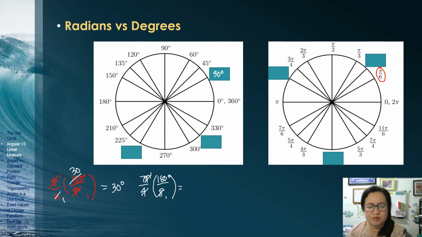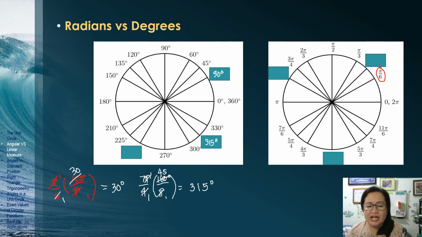So 4 divided by 4 is 1. Now 180 degrees divided by 4 is equal to 45. So therefore, we multiply 7 by 45. 7 times 5 is 35. 7 times 4 is 28, plus 3, that would be 31. So therefore, 7 pi over 4 is 315 degrees.